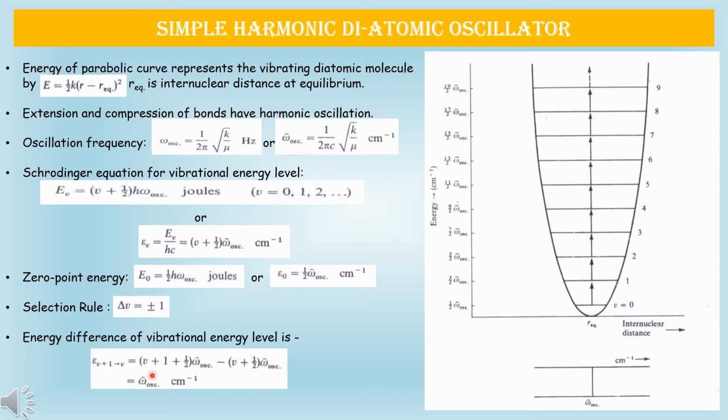This is the simplest harmonic oscillator model for a vibrating diatomic molecule, where the energy is E equals half K into (R minus R equilibrium) squared, where K is the force constant.